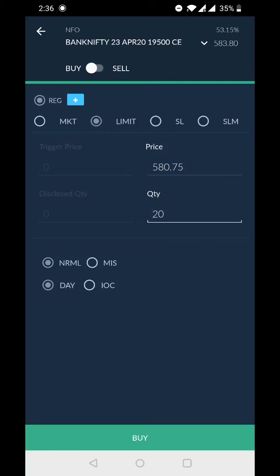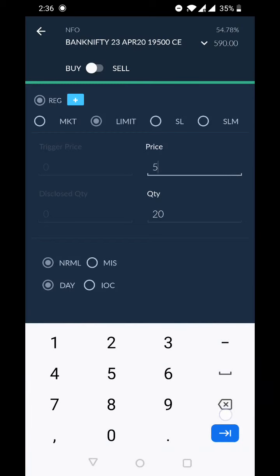Just click on the limit and set the price as 600. Now it's 591, so just click as 600, and it's a MIS order.